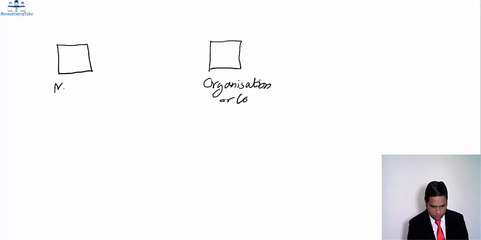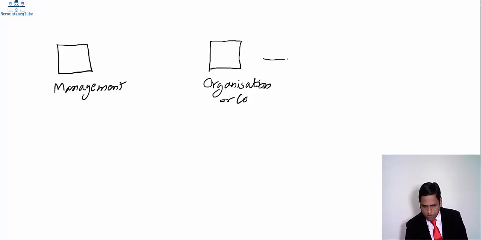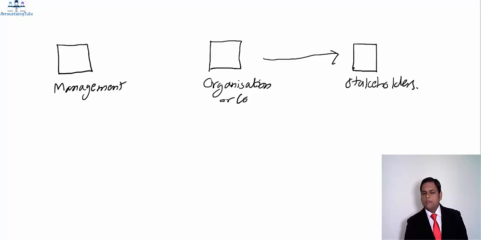Here we have a management. Management involves senior management, directors, and one of the objectives of the organization is towards the stakeholders. Now stakeholders, we all know who they are.